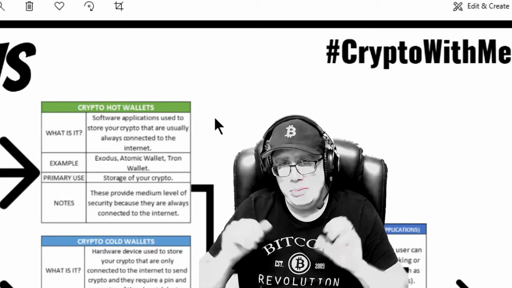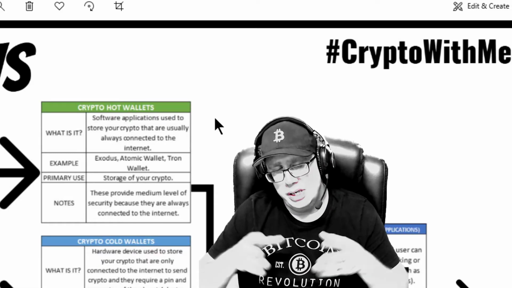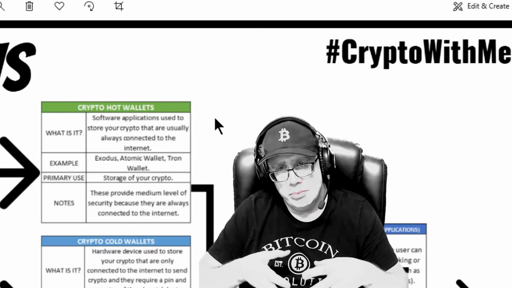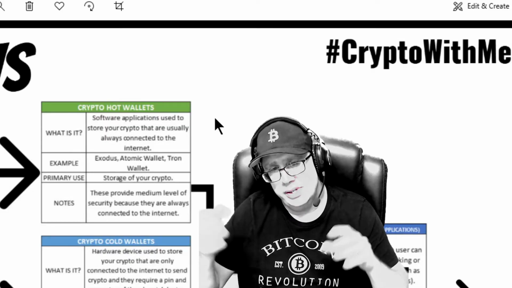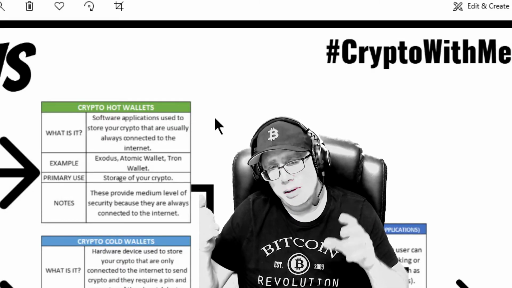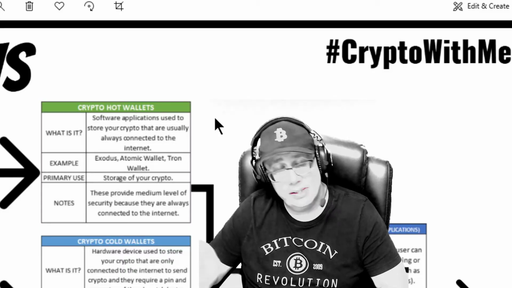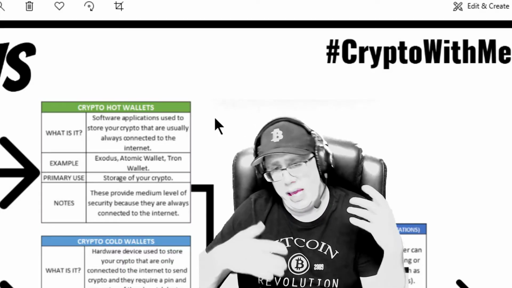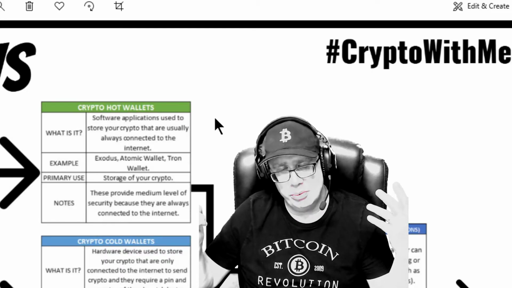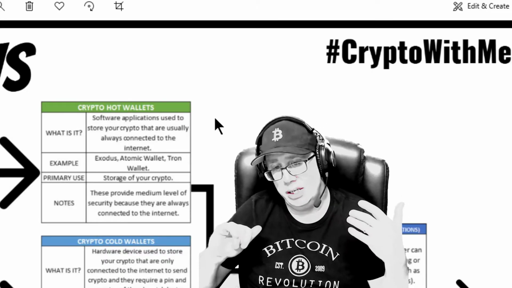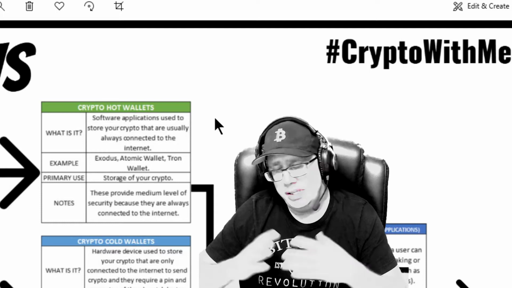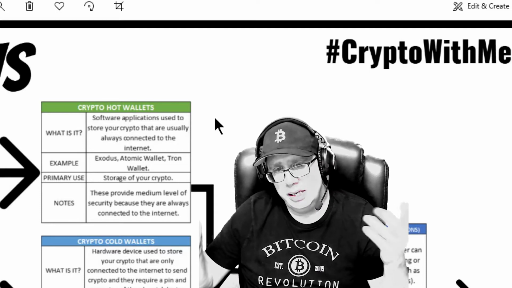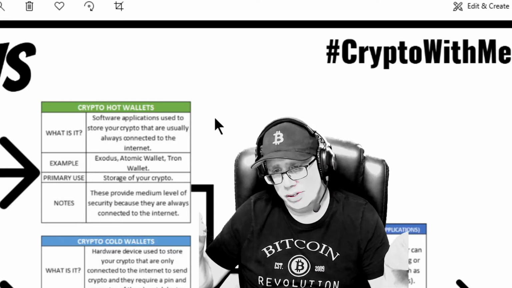Notes: these provide a medium level of security because they're connected to the internet. If your wallet's connected to the internet, someone could take control of your computer, maybe get your password, and be able to take control of your funds. This is no different than if your computer got taken over by a hacker.